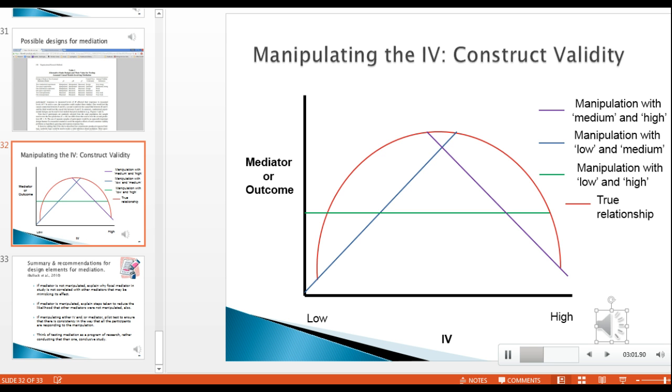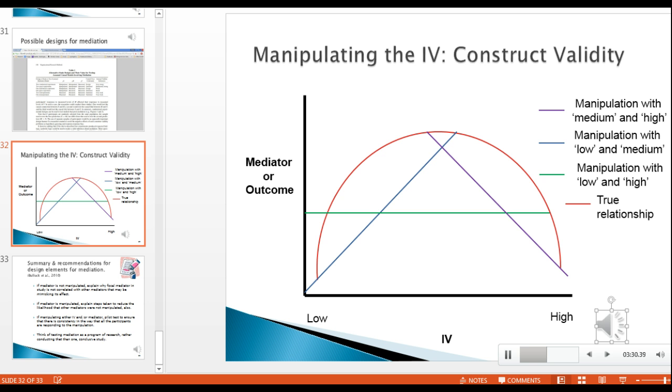So we couldn't model that curvilinearity, and thus we would have that green line there, no relationship. But that would be a false inference, right? Because we wouldn't have a properly specified model, because we think that this relationship is linear when it's a curvilinear one. And so we have to create our manipulations appropriately if we expect the relationship to be curvilinear as it is here.